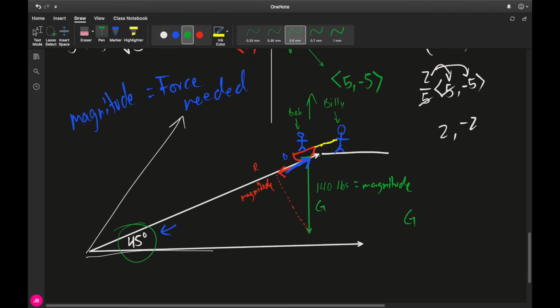So this has no horizontal component. So we're just going to say it's 0i plus 140 pounds. But this isn't going up. It's going down. It's working downward. So that's actually going to be negative 140 pounds. So minus 140 pounds j. So this vector G is just going to be negative 140 j.